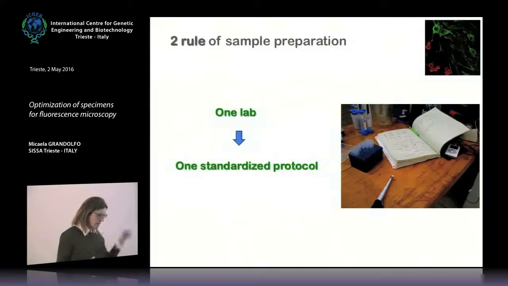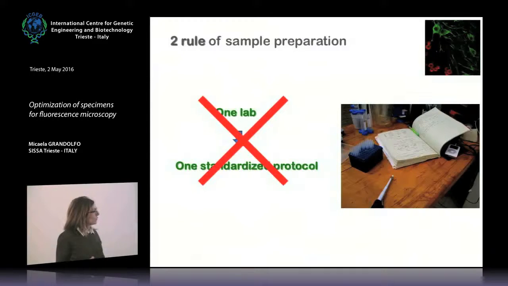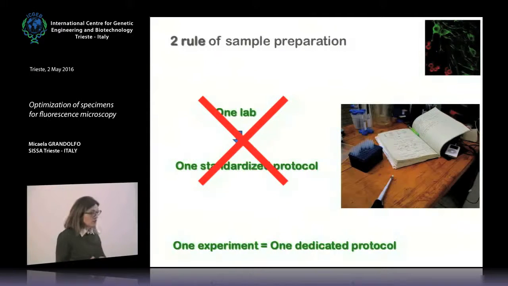You have to think about the antibody you want to use, the fluorophore you have to use, and collect as much information as possible to perform a good staining. So what you have to obtain is a dedicated protocol for each experiment, for every single experiment.